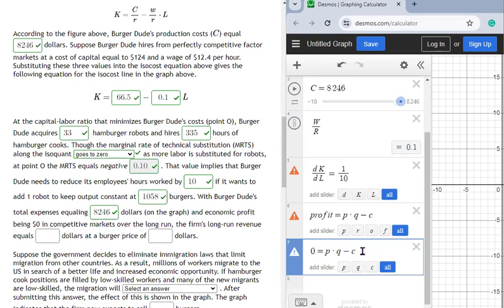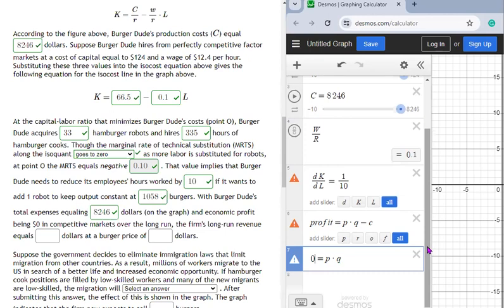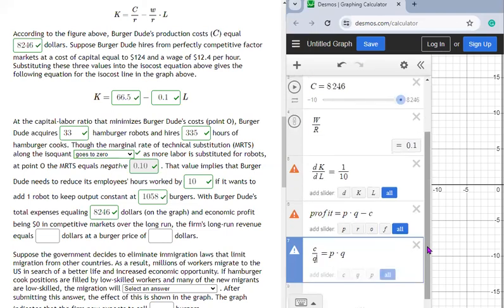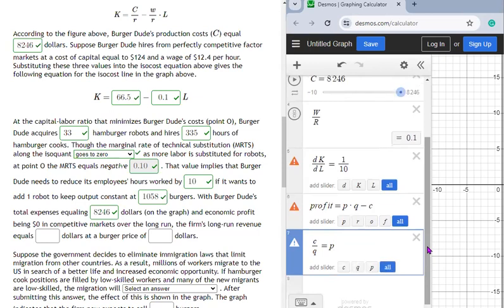Then what we're saying is the costs have to be equal to the revenue, and revenue is price times quantity, right? So in the long run, our cost equals our price times quantity, or revenue, right? And then our price must be the cost divided by output. For this to be zero, revenue has to equal cost, right?